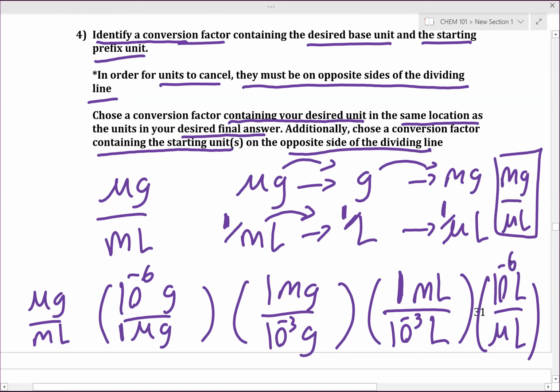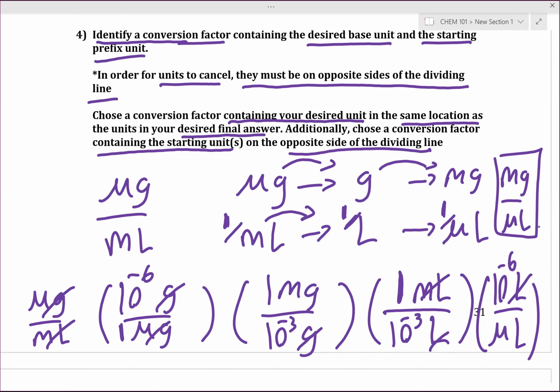Perfect. Let's check our units now. So grams cancel. Okay. Milligrams are right where we want them. Micrograms cancel. Milliliters cancel. And liters cancel. So do we have milligram per microliter? Is it in the right spot? Yes.